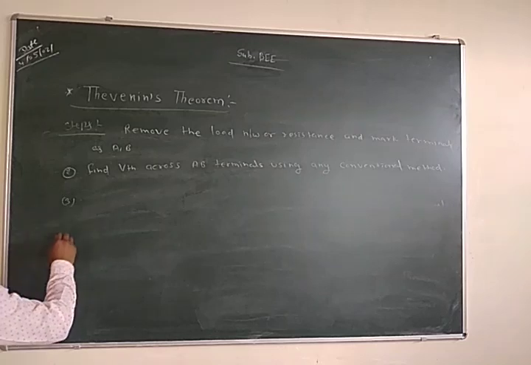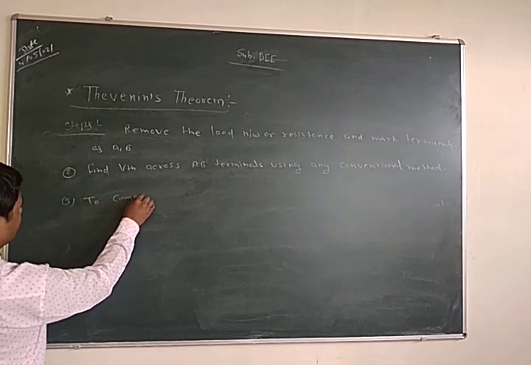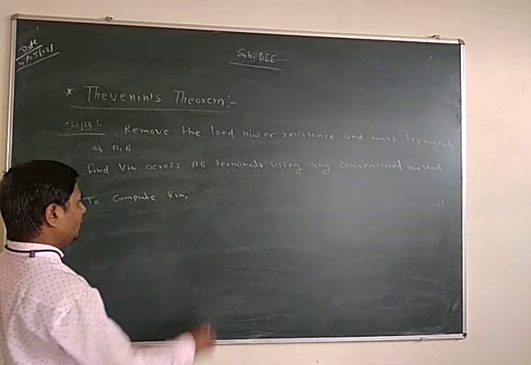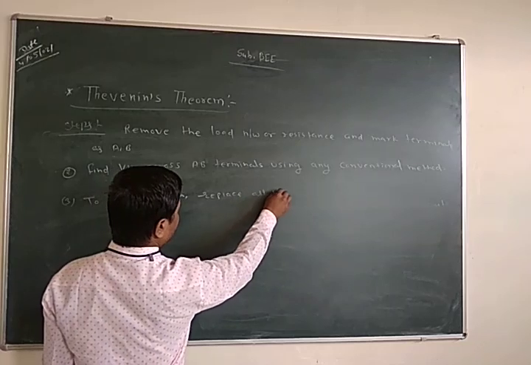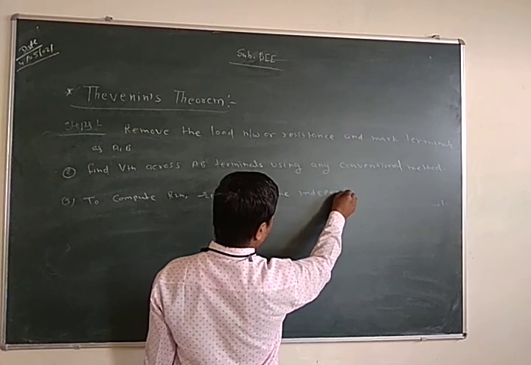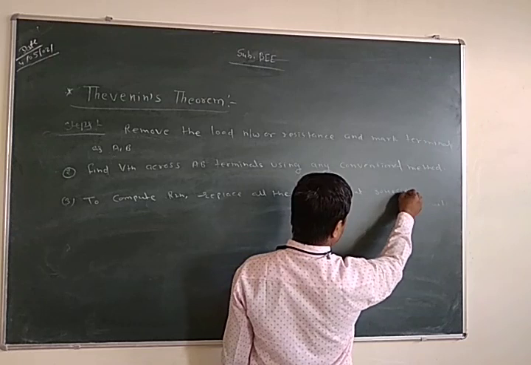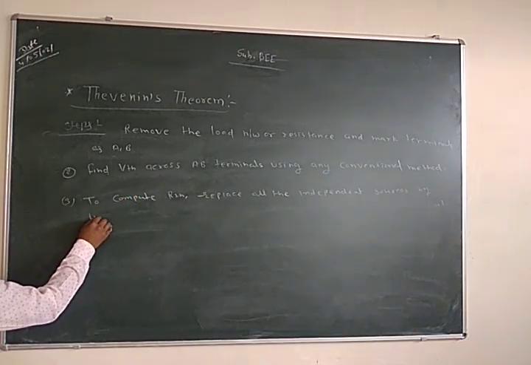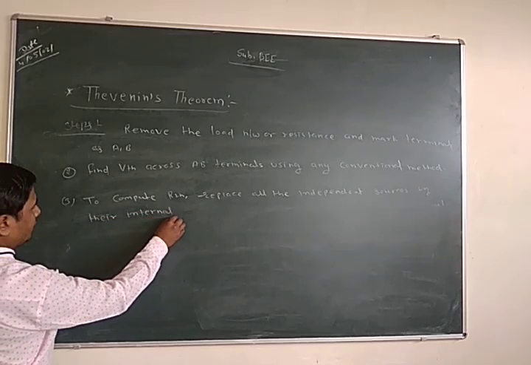Third step is to compute RTH. Replace all the independent sources by their internal resistance.